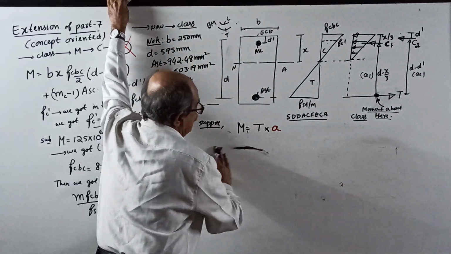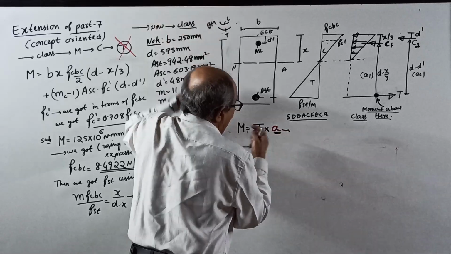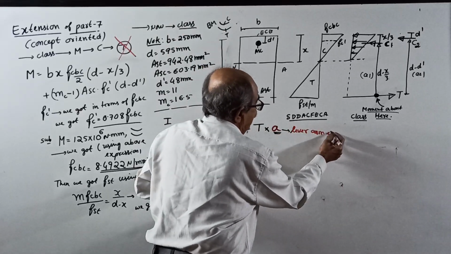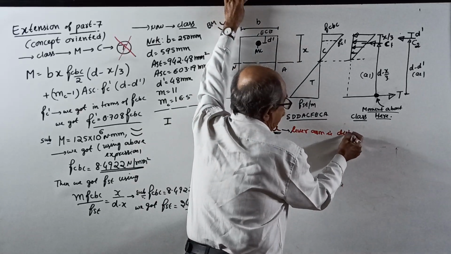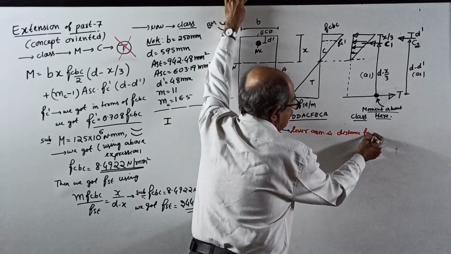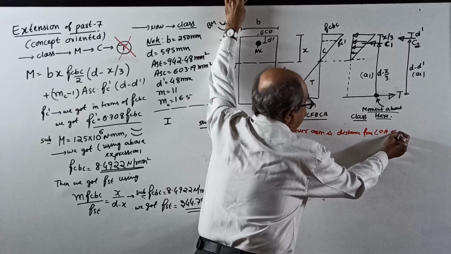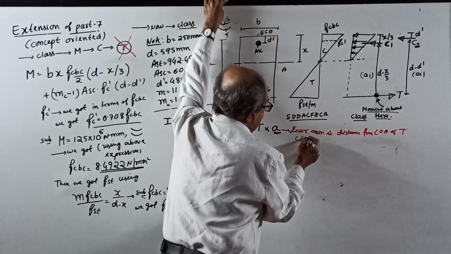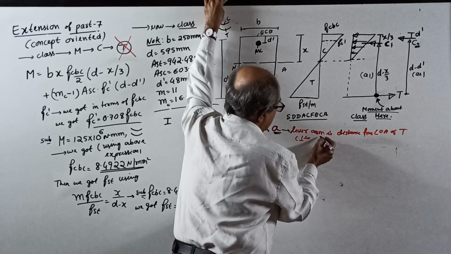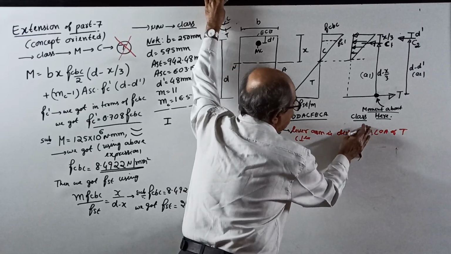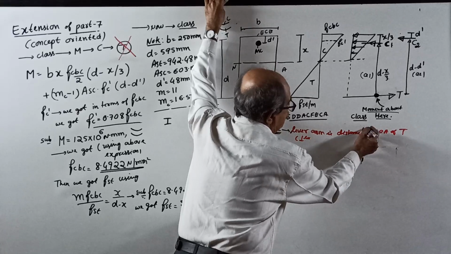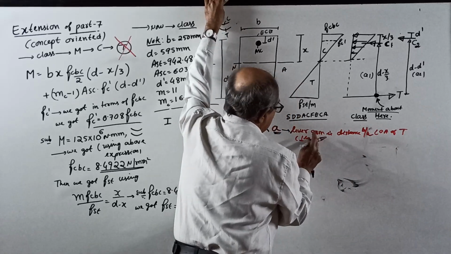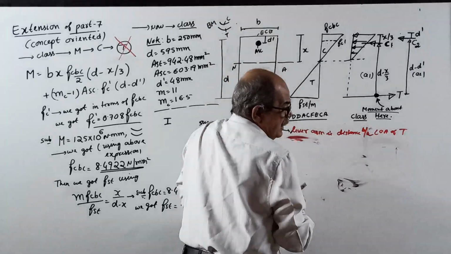Then A is the actual lever arm. Lever arm is the distance from the line of action of tension force T, perpendicular distance, or distance between the line of action of resultant tension force T and, meaning perpendicular distance.